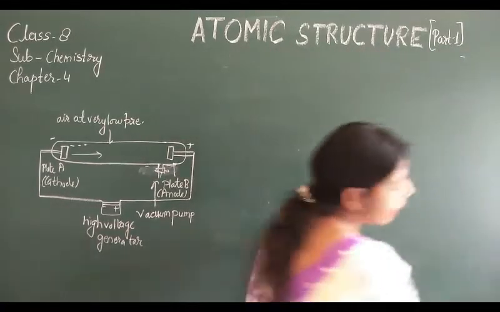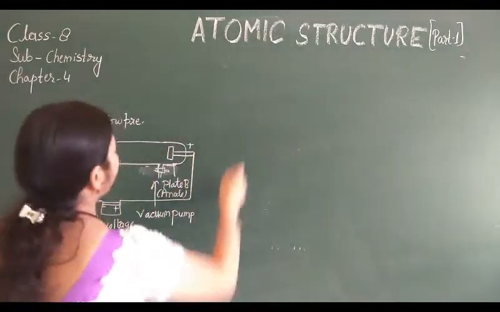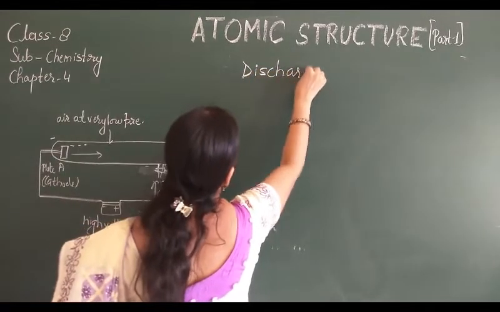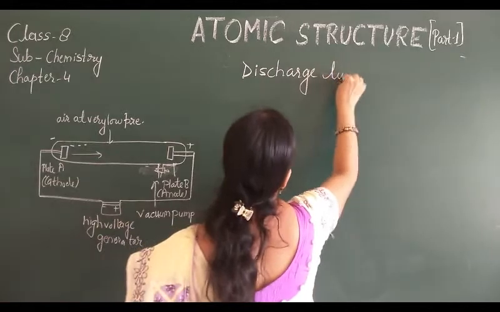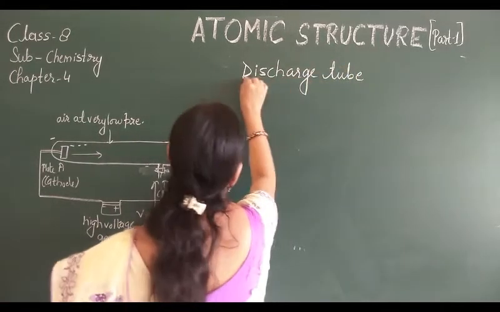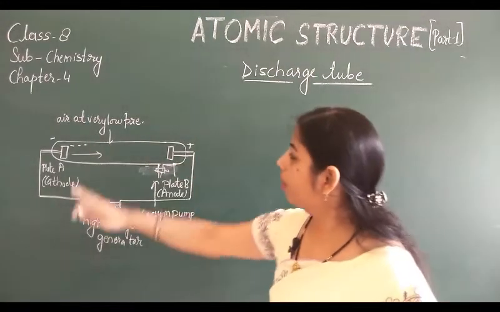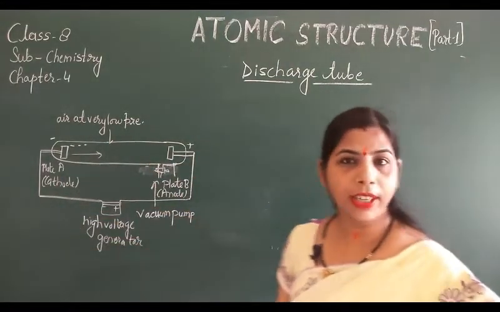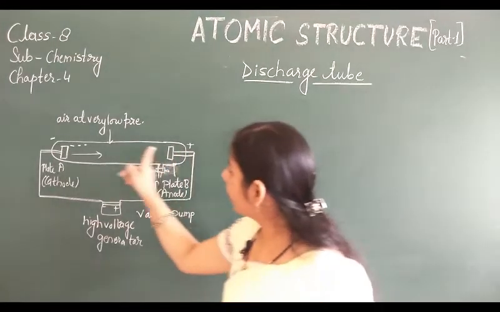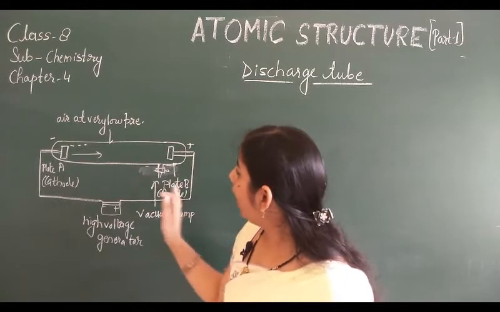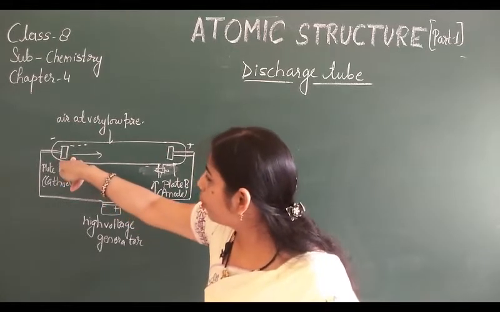Now, another important topic of this chapter is the discharge tube. I have drawn the diagram of the discharge tube. Look at this diagram. Here one glass tube is there, which is completely closed, and at one side of this glass tube there is a metal plate.